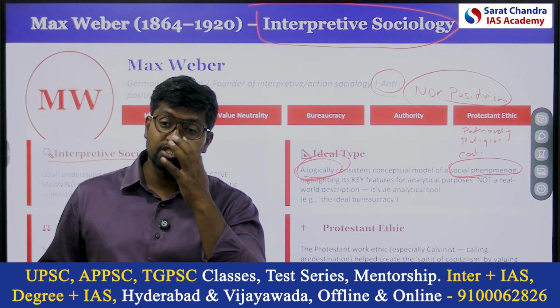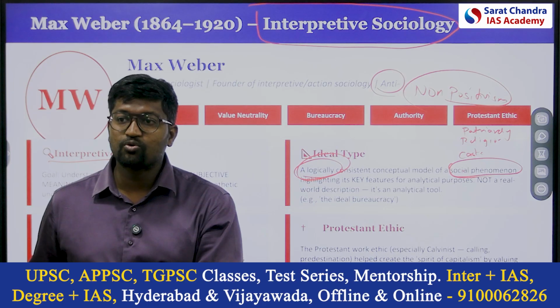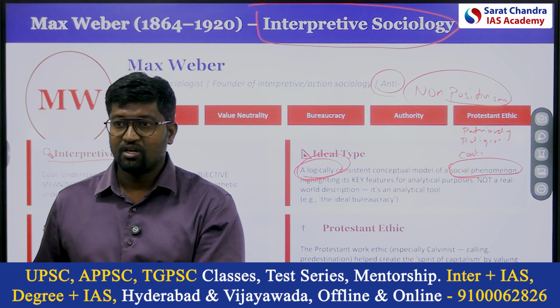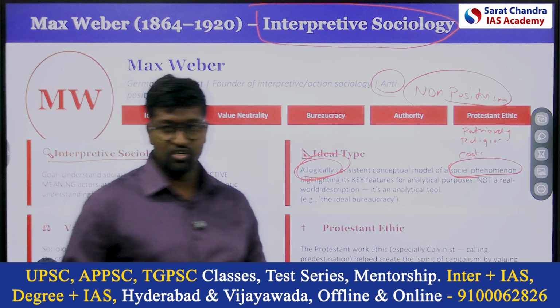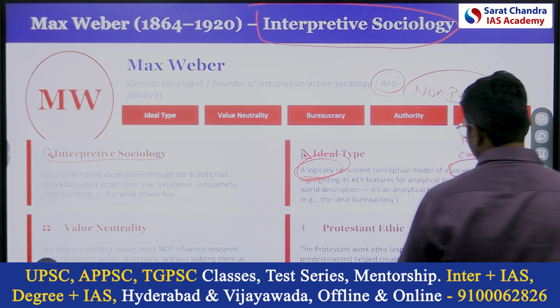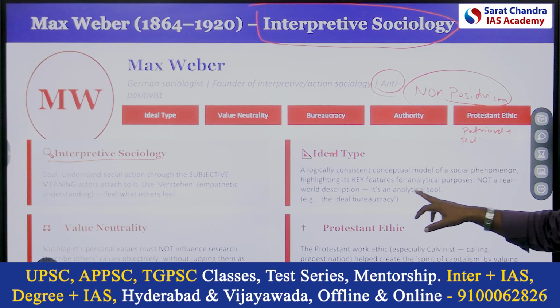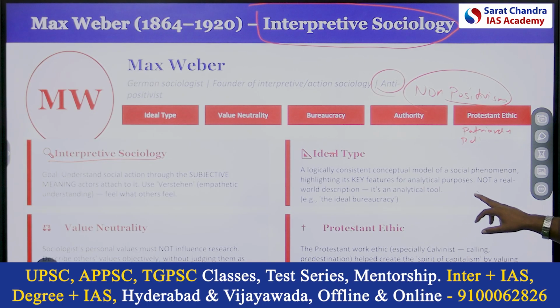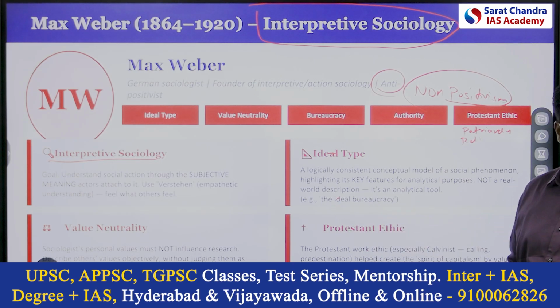For a sociologist studying any social phenomenon, ideal type is that yardstick which will guide them to finish their research. You understood? That is what ideal type is. It highlights key features for analytical purposes, and ideal type is not a real world description.